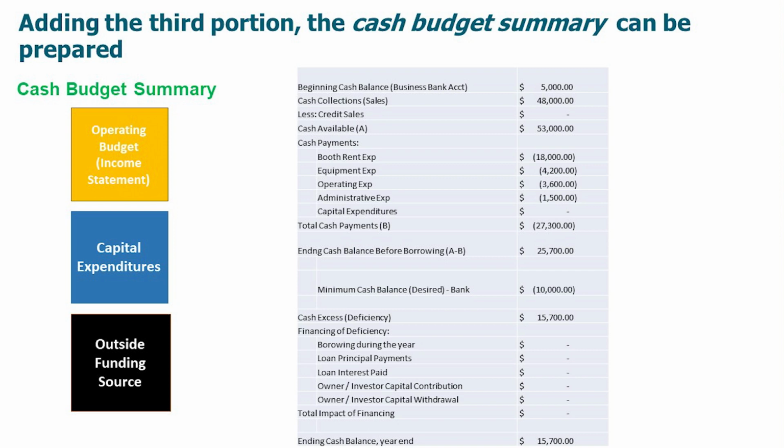Given the fact that we have an excess, in this case, the business owner has chosen not to spend that excess and not to go out and secure any additional funding. Why? Because their goal was to at least end up with at least $10,000 in the bank. In this case, the ending cash balance projected for the end of 2024 will be $15,700.